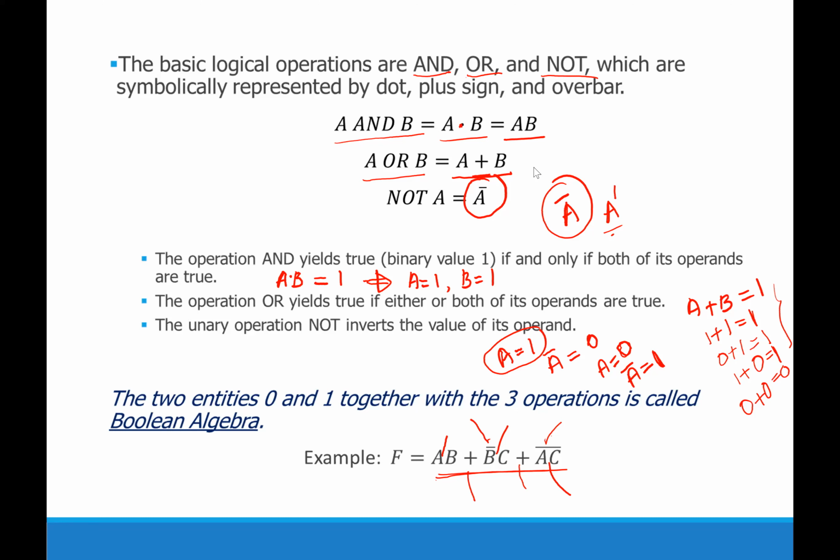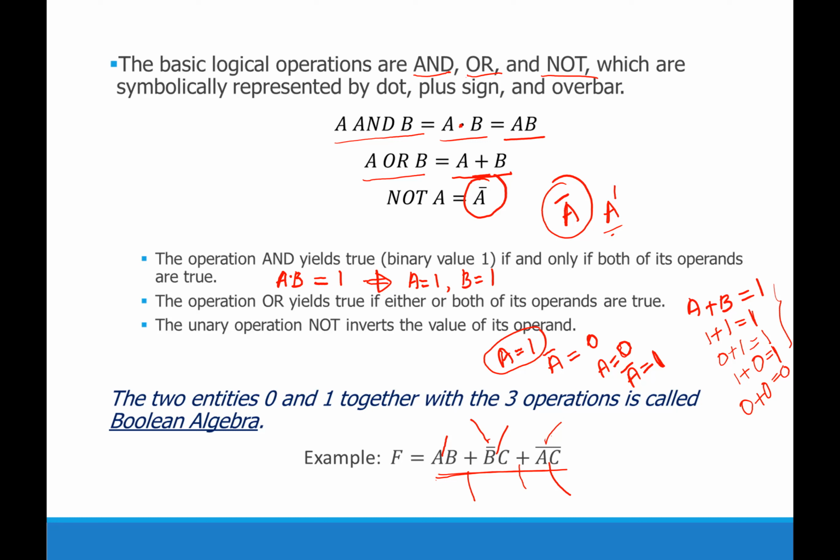Okay, can we take 2 variables for NOT operation? No, we cannot. Later you will see. If we take the AND operation and OR operation, for those 2 operations, we can apply 2 variables or more than 2 variables. We can input 2 or more inputs, not less than 2. There should be at least 2 inputs, and also we can apply more than 2 inputs.